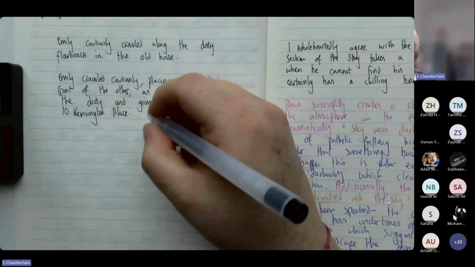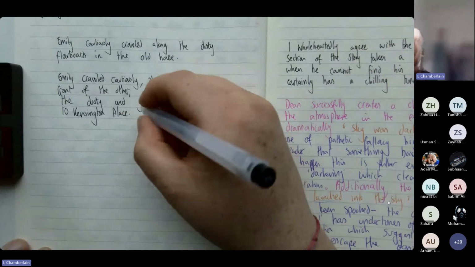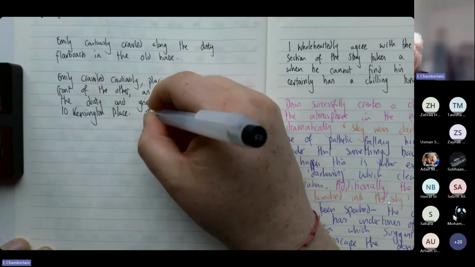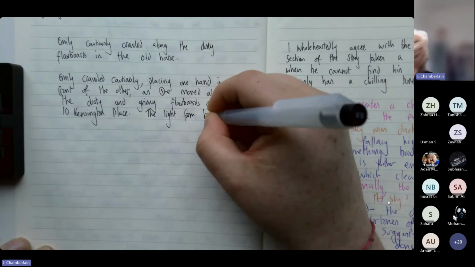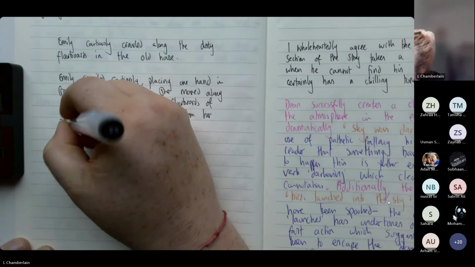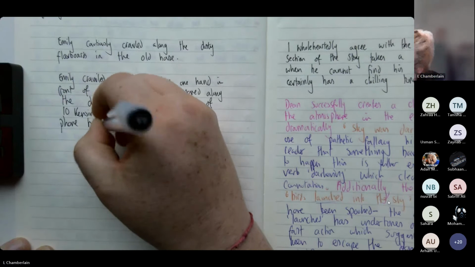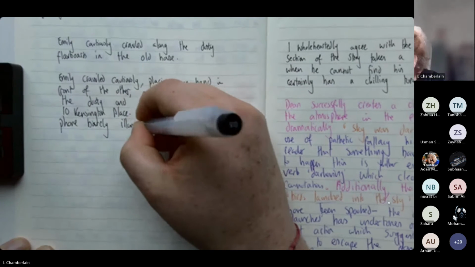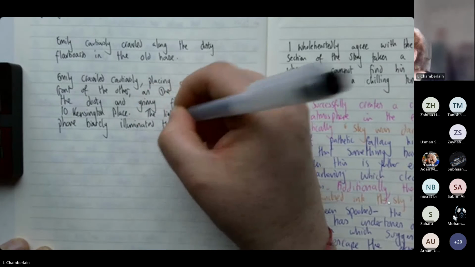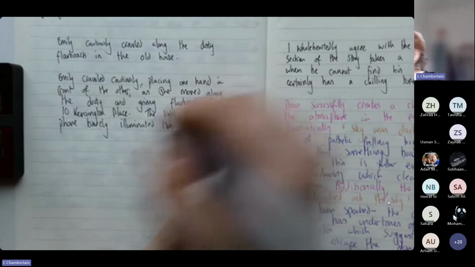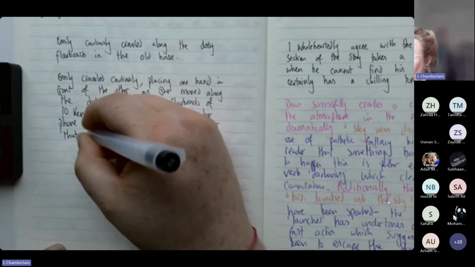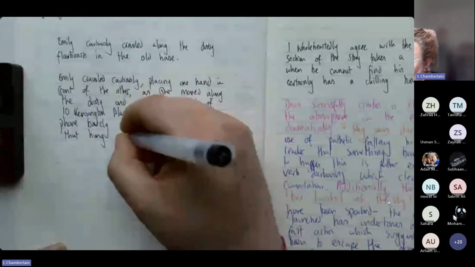Now I want to add a bit more detail. How does she know where she's going? So I'm going to say the light from her phone barely illuminated the heavy air that hung about her.